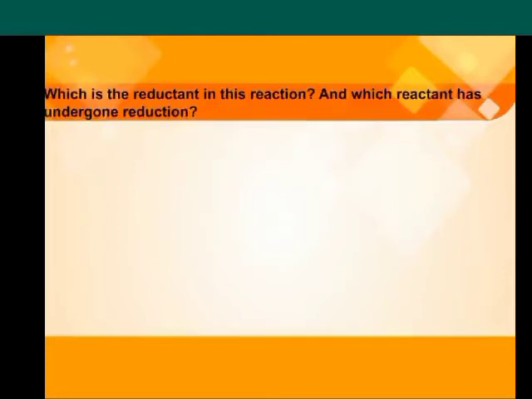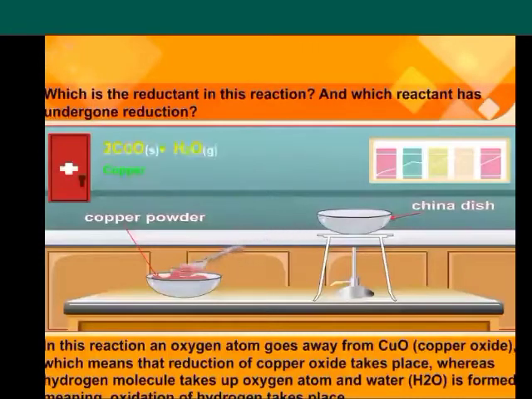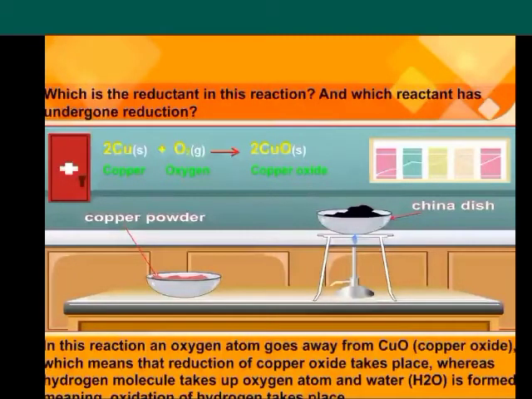Which is the reductant in this reaction and which reactant has undergone reduction? In this reaction, an oxygen atom goes away from CuO, copper oxide, which means that reduction of copper oxide takes place, whereas the hydrogen molecule takes up an oxygen atom and water, H2O, is formed, meaning oxidation of hydrogen takes place.